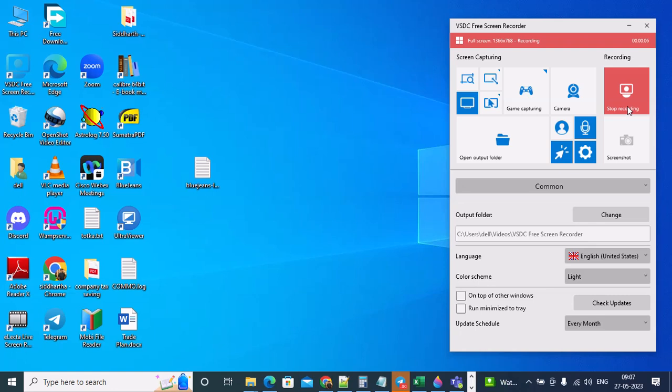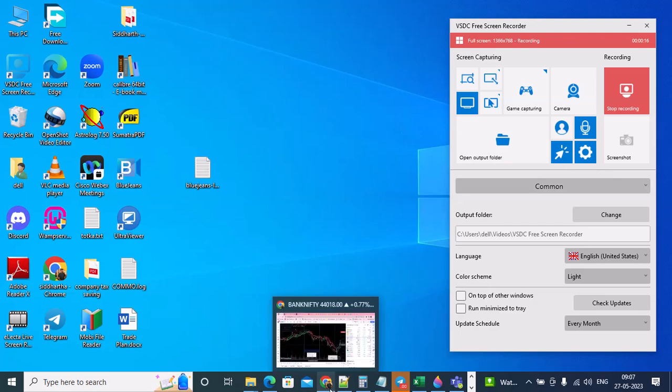Today is 27 May 2023 and I am going to give you one trading setup based on time and price action.